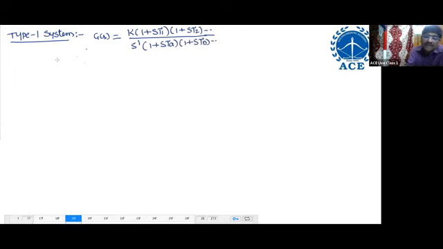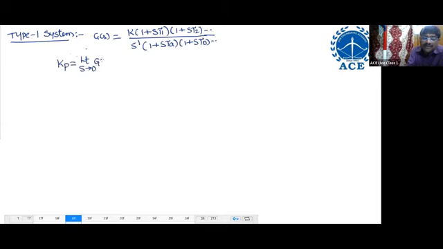So calculate the Kp value. Kp is the limit as S tends to 0 of G of S. What is G of S? K into (1 plus S tau 1), and so on, divided by S power 1 into (1 plus S tau A).